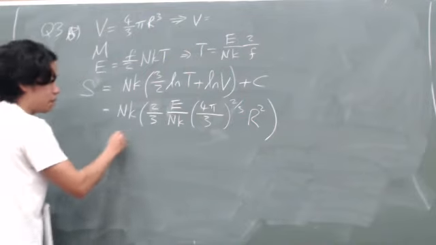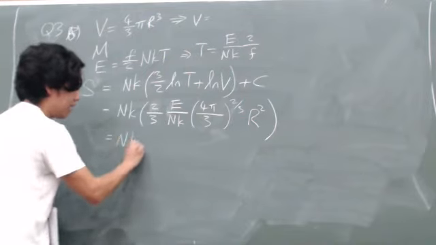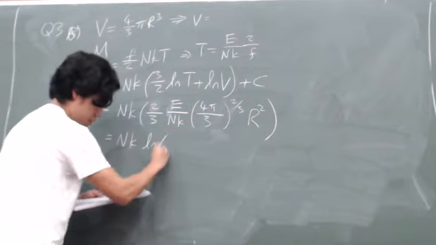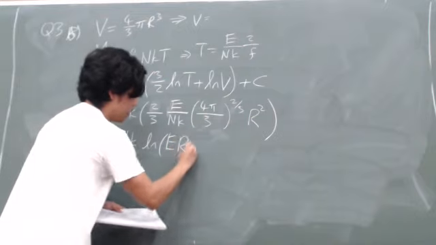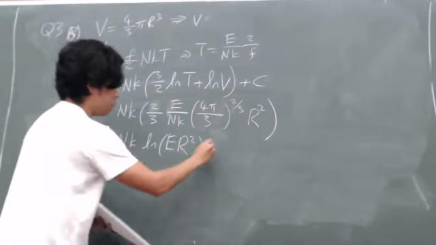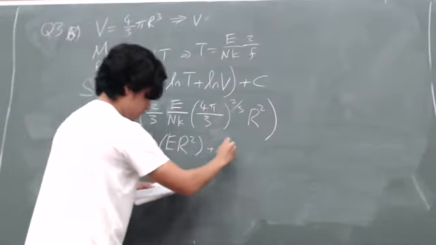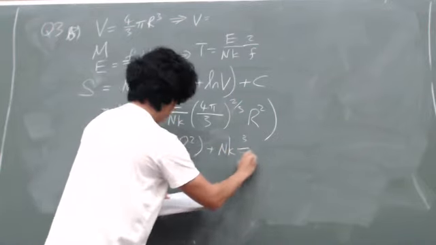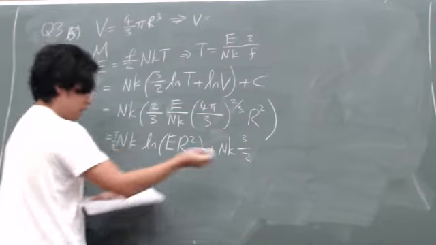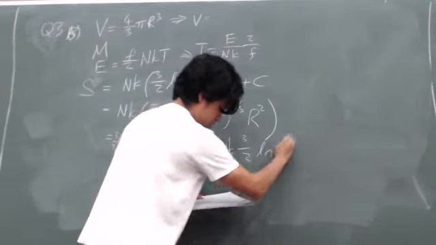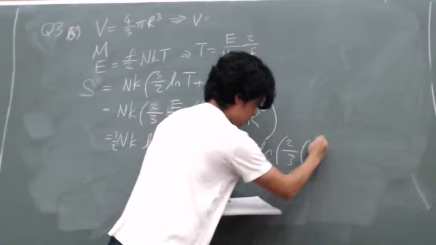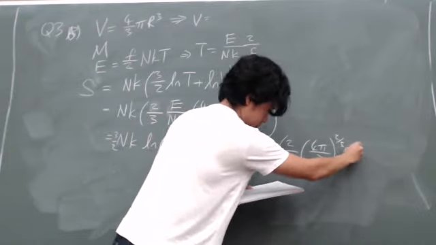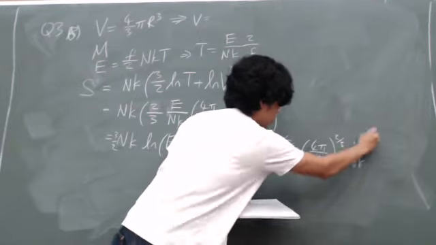And from that, we can separate out the ones that actually matter. So I get Nk times log of E times r squared. And then put all the rest of the numbers together. So plus Nk 3/2 log of 4 pi on 3 to the power 2/3, 1 on Nk, all this junk.